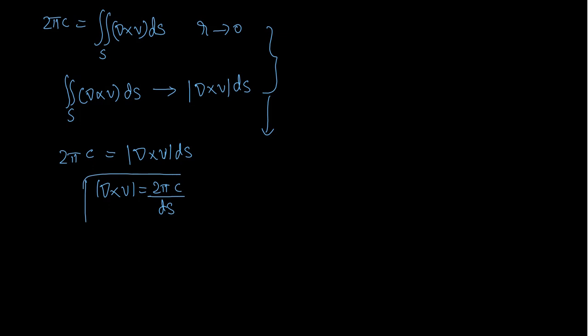When we get too close to the origin, when r tends to 0, we know that ds also tends to 0, that is the infinitesimal surface that we are considering. As ds tends to 0, at the origin we can say the vorticity tends to infinity. That means the origin is a singularity point.